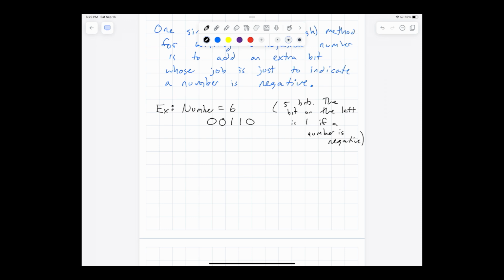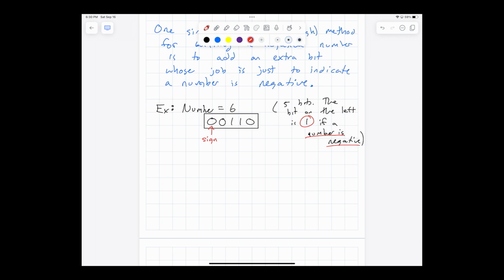So if I wanted the number to be 6, I would write that as 00110. That would be 6. And this bit right here is going to be the sign. So the sign is 0, and we said we're going to put a 1 if the number is negative.